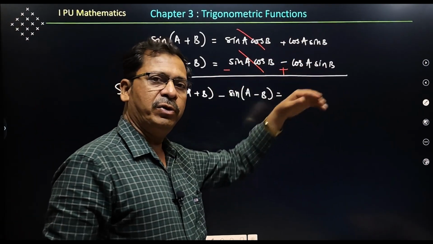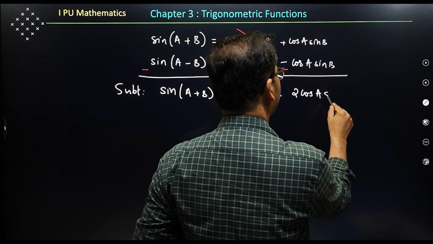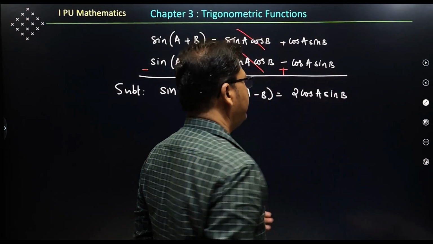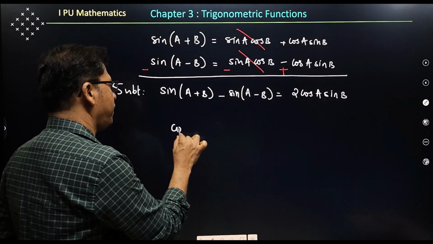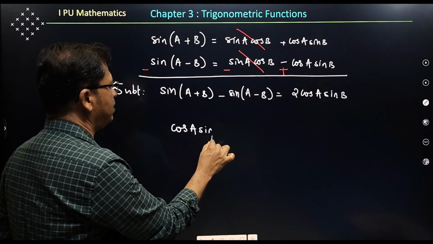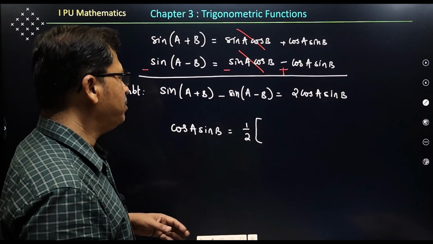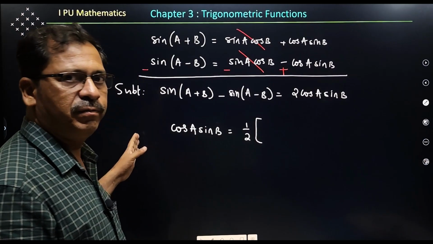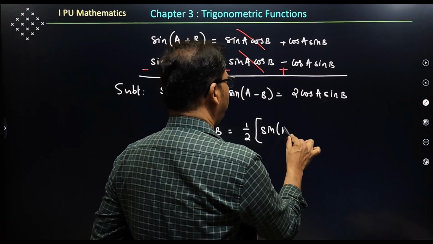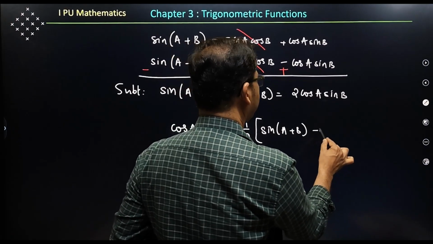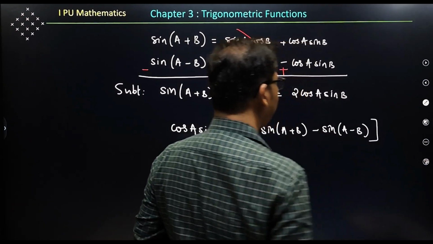Cos a sin b, cos a sin b, you have to add. So 2 times cos a into sin b. So shift 2 to this side, it becomes cos a into sin b equal to 1 by 2 into sin of a plus b minus sin of a minus b.